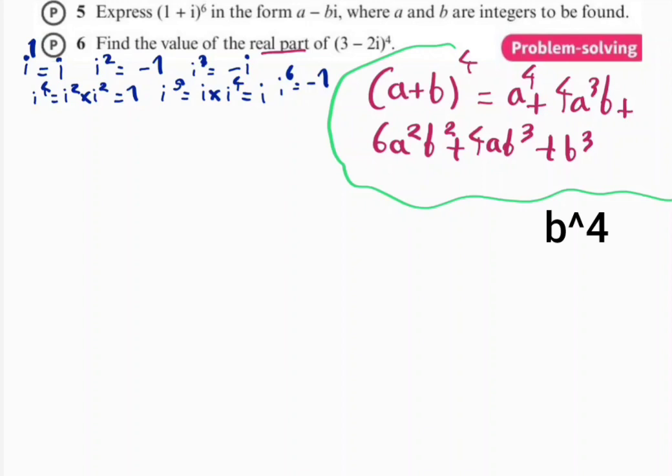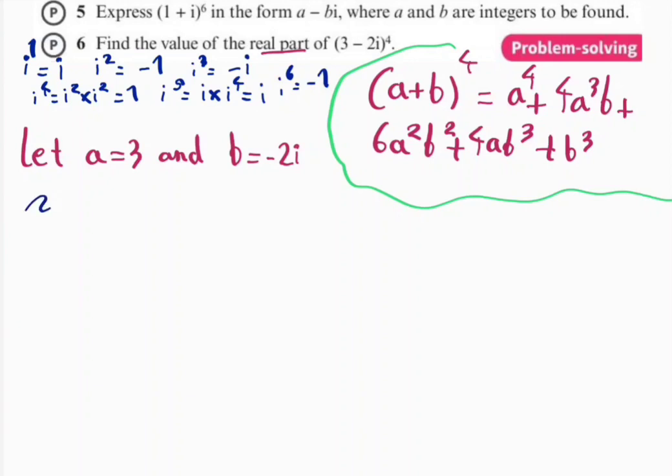And now it's exactly the same as the previous question, so we can start by writing that a is equal to 3 and b is equal to minus 2i. Now we have (3 minus 2i) to the power of 4, so it's just going to be a matter of substituting these values in.